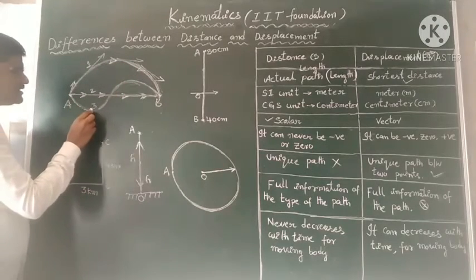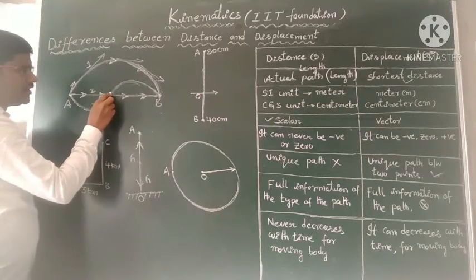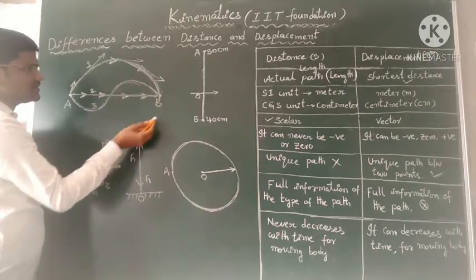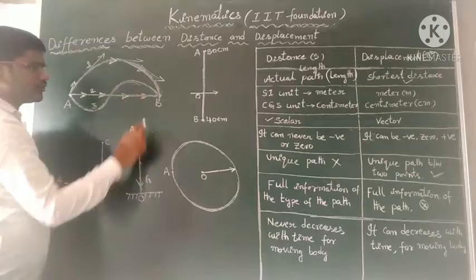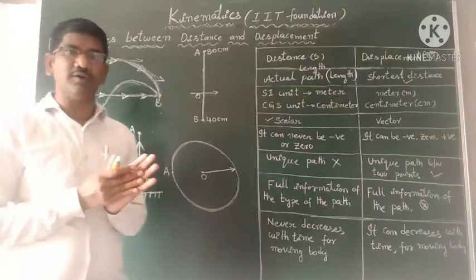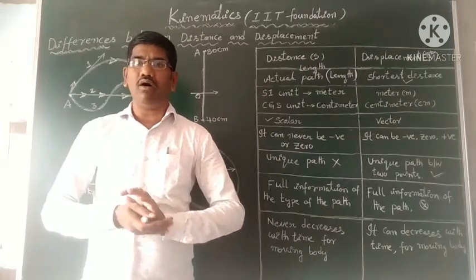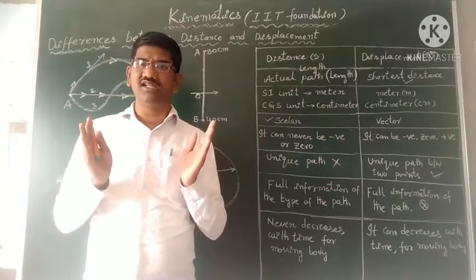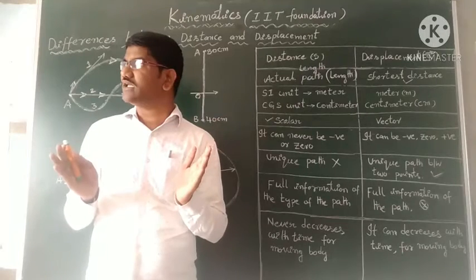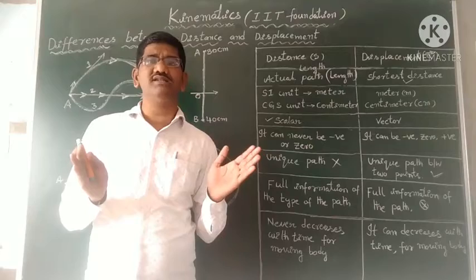If a particle is going from A to B like this, this is the path followed. So it gives full information of the path we have followed. You say the distance between 2 cities, or 2 towns, or between any 2 points.